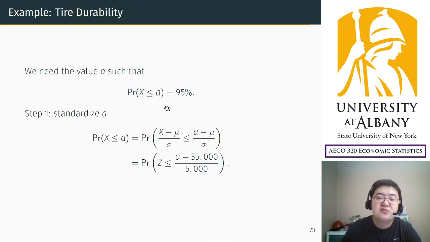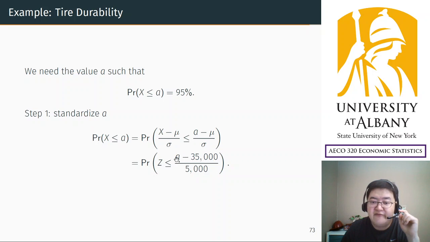So to summarize the sentence, 95% of tires cannot last A miles. So the life is smaller than A number of miles. And so this is the clue. We have this one equation. First, step 1, the left-hand side probability must be standardized.